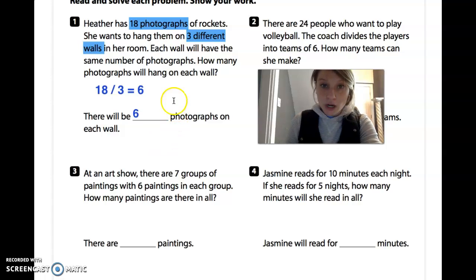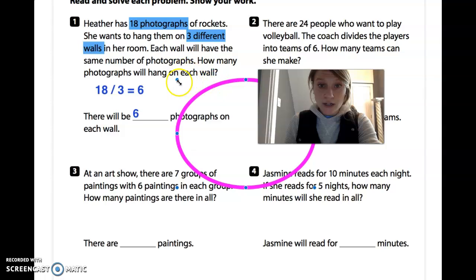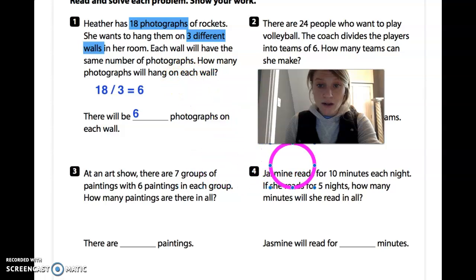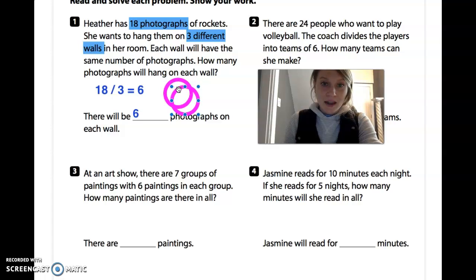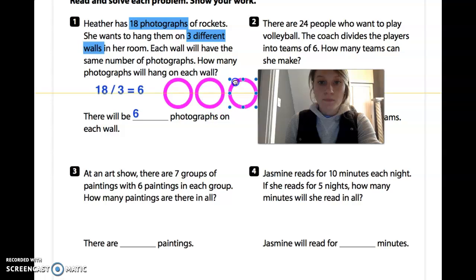Now you could have drawn your 3 different walls, which is a great strategy. So I could have made a wall here. I'm going to try to size it a little bit better. Maybe make it a little bit smaller. And I'm going to make another wall and a third wall. Now, how much goes into each wall?